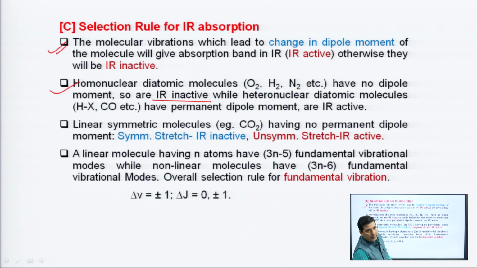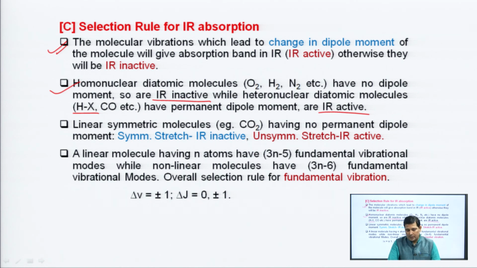Heteronuclear diatomic molecules like HX, meaning HF, HCl, HBr, CO etc., have a permanent dipole moment and are IR active. So, what is our final impression? If the molecule is polar, having a dipole moment, it will be IR active, otherwise it will be IR inactive.